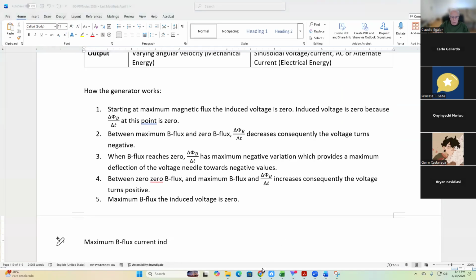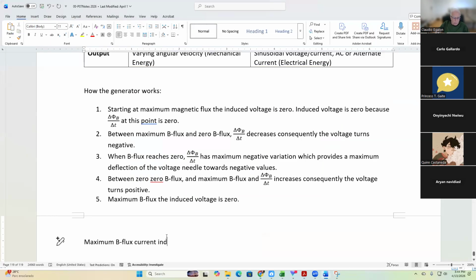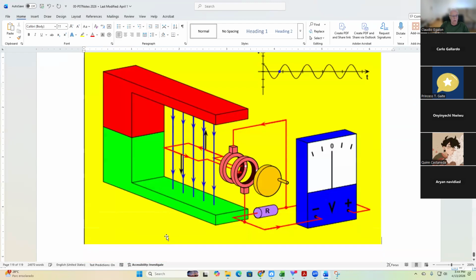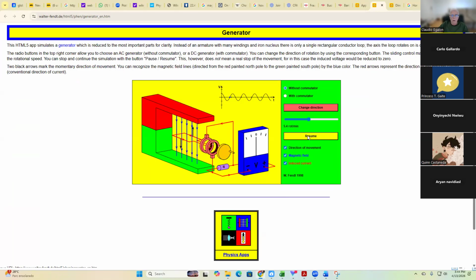Maximum B flux, current induced is zero. Current slash voltage induced is zero. This one here. In between, here you go. Resume right here. Between maximum B flux and zero B flux.